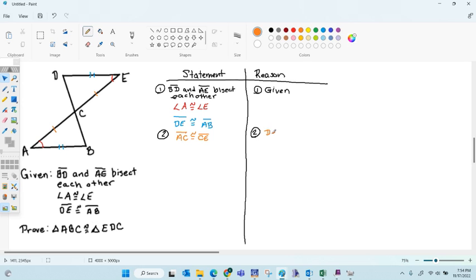So by definition of bisect, that's my reason that I know that these two are equal to each other. It says that they bisect each other, so we can also say that CB is congruent to CD.